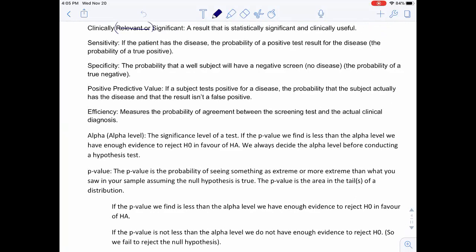You just have to figure your way to them. Okay? So same thing, sensitivity, specificity, PPV, efficiency, all of those, right? Those are on your formula sheet. And we've got our true positives, true negatives, false positives, false negatives, blah, blah, blah.